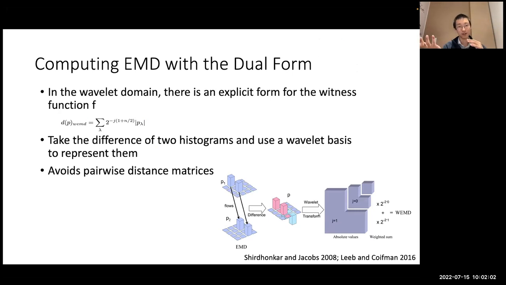So if you transfer everything to the wavelet domain, then the optimal witness function is easy to compute, and you can look at it as just the differences of histograms in the wavelet basis, weighted. And so this avoids this annoying problem where you would have to compute pairwise distance matrices between all your points. You can instead compute a wavelet transform and then do the L1 distance in that domain.